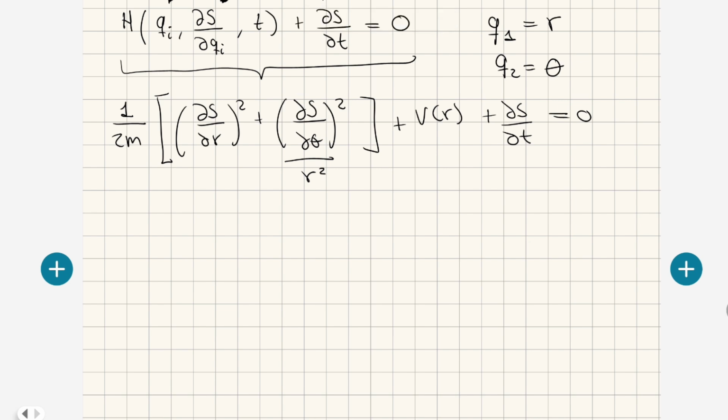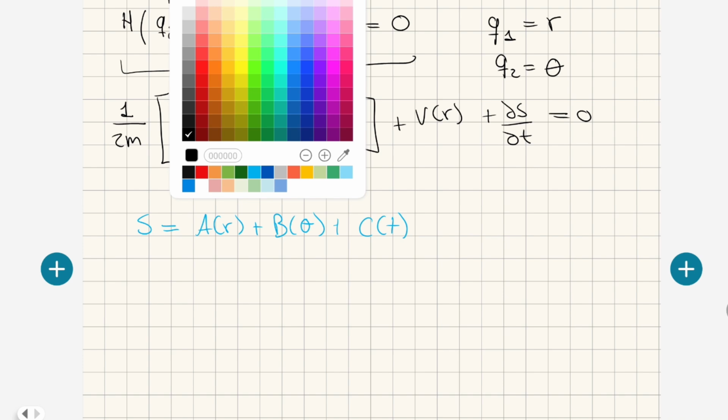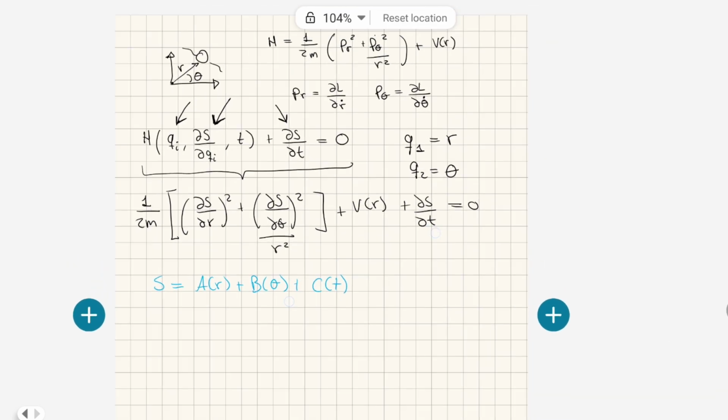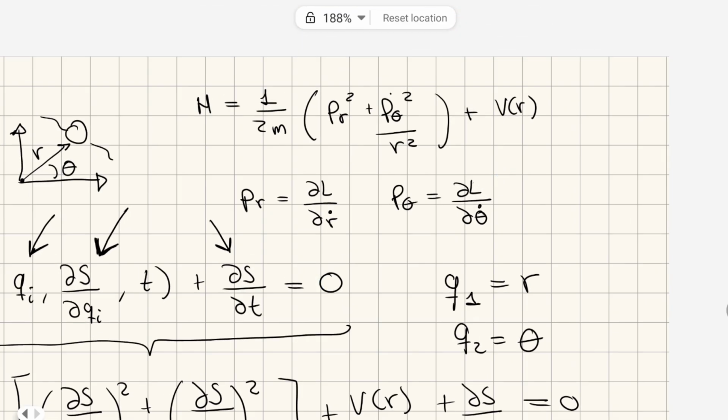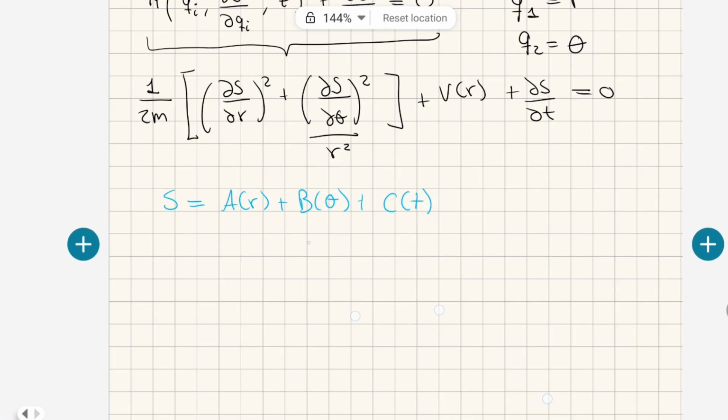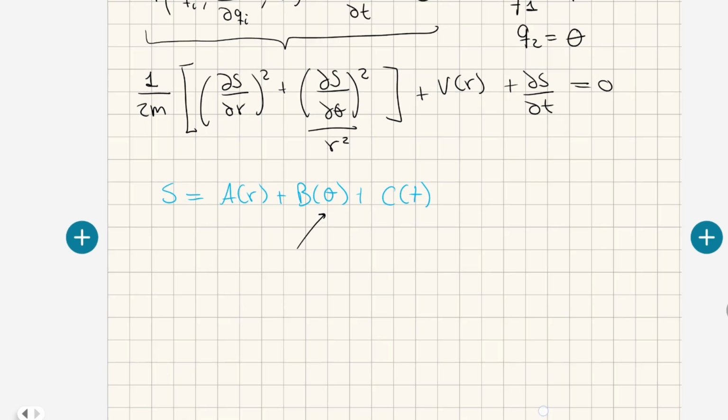So remember, the method of separation of variables proposes a function that is going to be the sum of three functions that are of one variable. So that means that we can express this as A(r) plus B(theta) plus C(t). And also remember, in the previous lesson we mentioned that if some coordinate is not included in the Hamiltonian explicitly, that means that the function that corresponds to that variable is going to be a linear function.